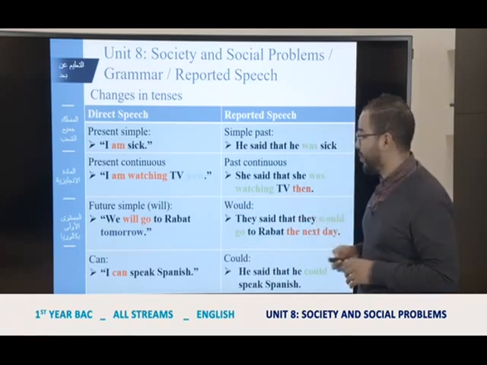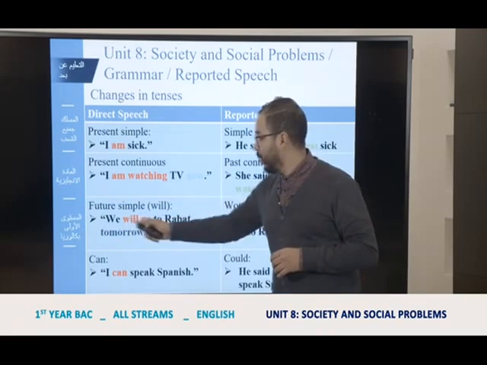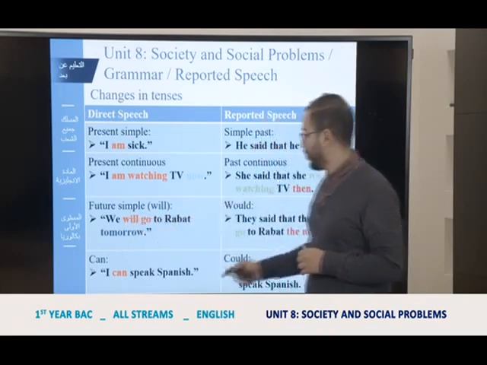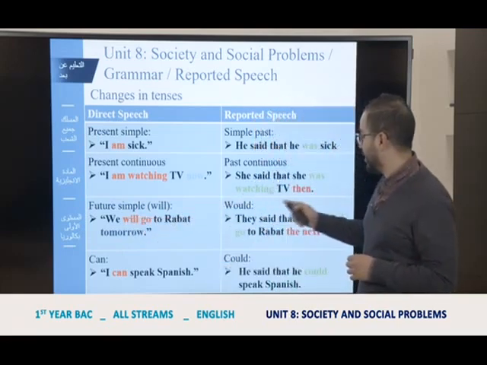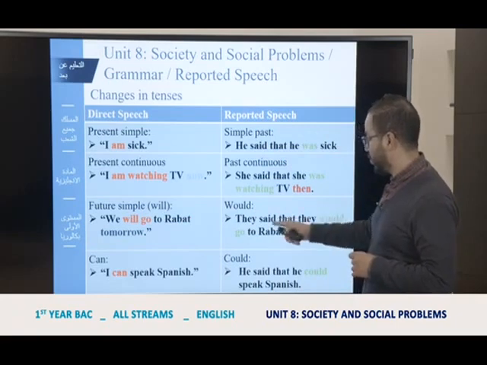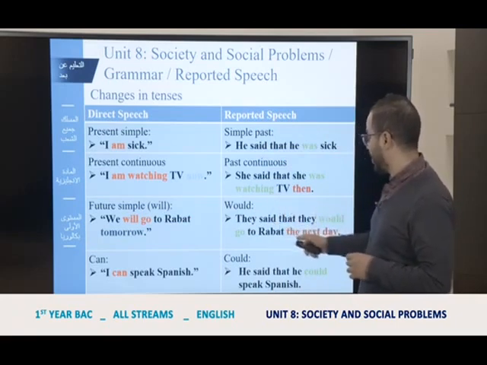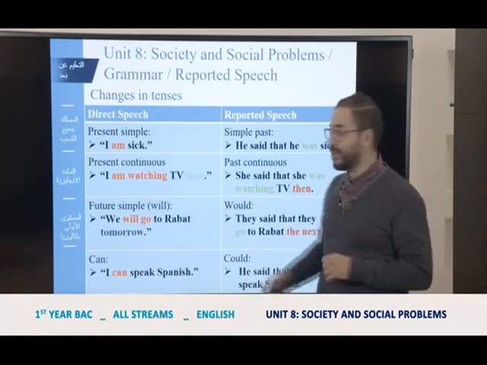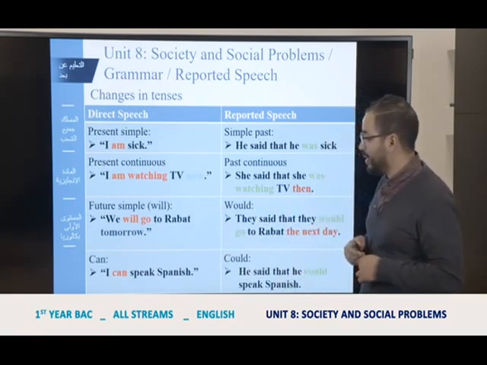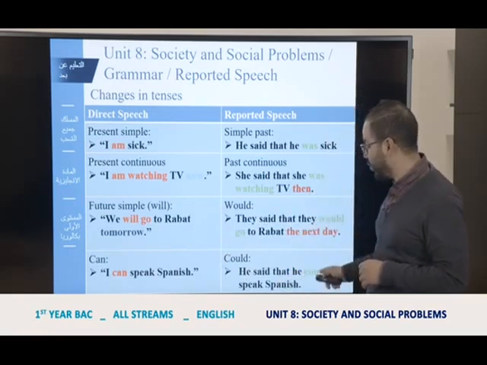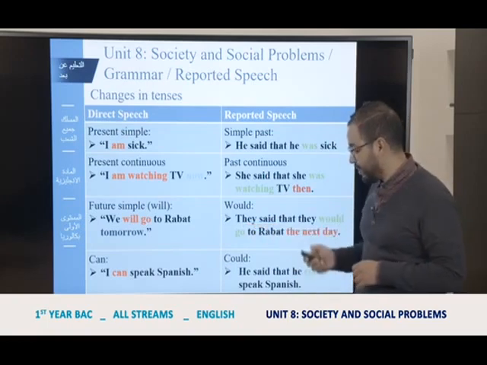The future, as we said, will. "We will go to Rabat tomorrow." They said that they would go to Rabat the next day. We use the next day. "I can speak Spanish." He said that he could speak Spanish.